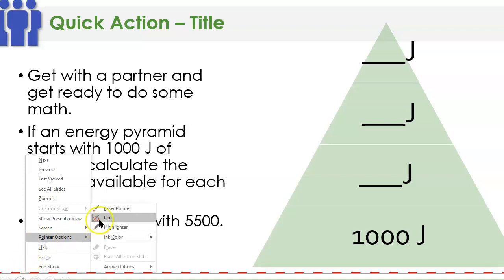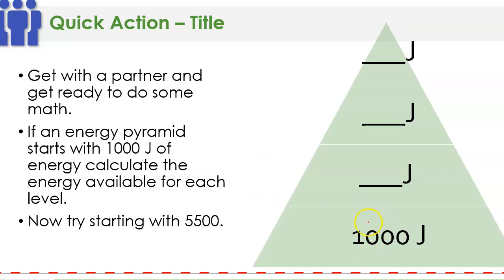All right, so if we start with 1,000 joules of energy down here at the first trophic level, and only 10% of it moves to the next trophic level. In order to figure out 10%, all we have to do is take our little imaginary decimal point, which is right here, and move that over one place to the left.